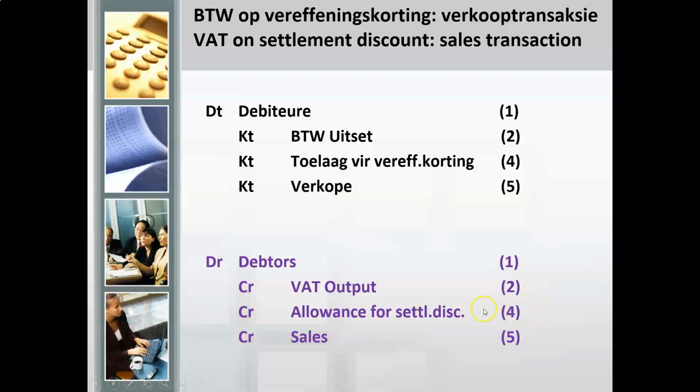The settlement discount percentage that you expect to grant will go to your allowance for settlement discount account. The remaining percentage, let's say it's a 2% settlement discount, the 98% remaining of the VAT exclusive amount, you're going to post to your sales revenue account.